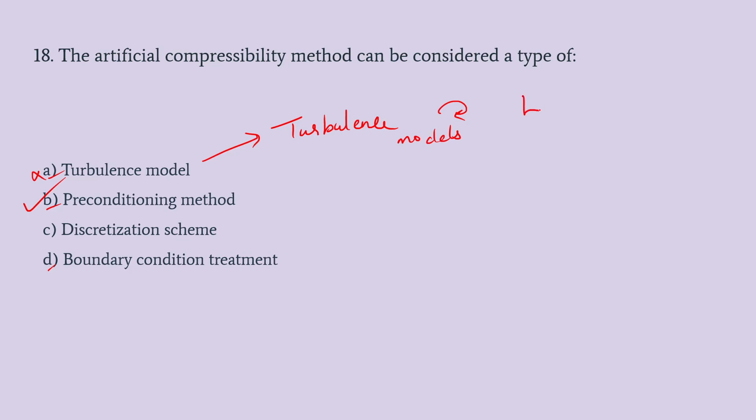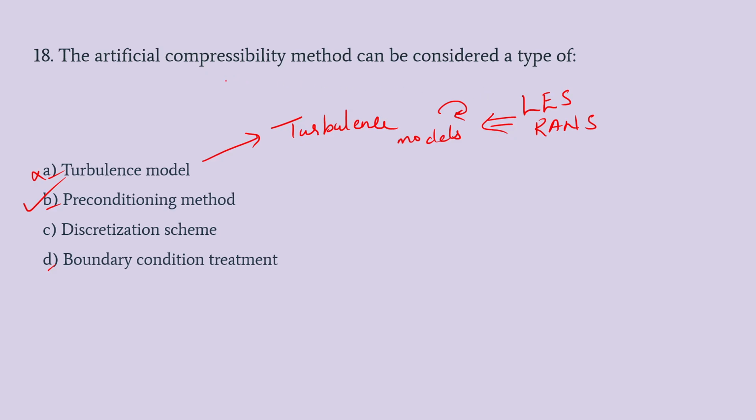Methods like LES, large eddy simulation, RANS, Reynolds-averaged Navier-Stokes equations, are all turbulence modeling terms, where we model the turbulence or eddies according to our requirement. Such terms are called turbulence models.